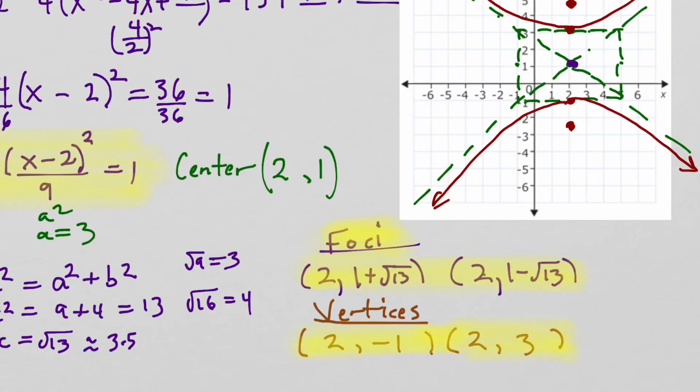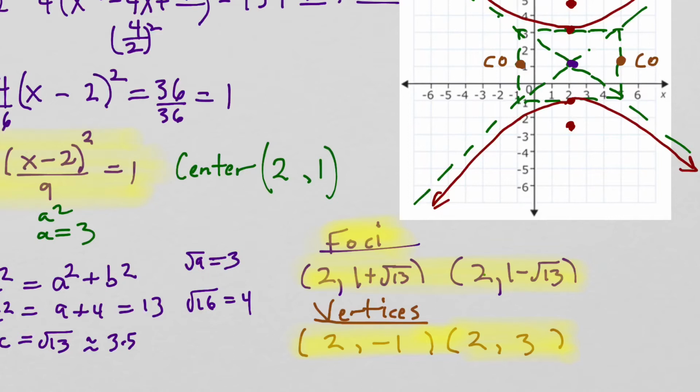And the last thing I want are my co-vertices. And those are these points here on the side of my rectangle in line with the center. Those are my co-vertices. So these are the co-vertices. I'll just say co so you can see.